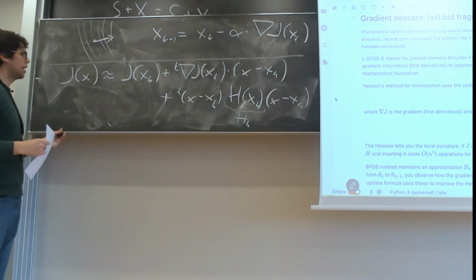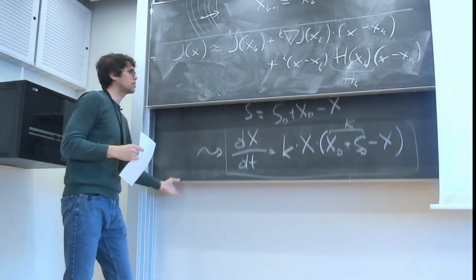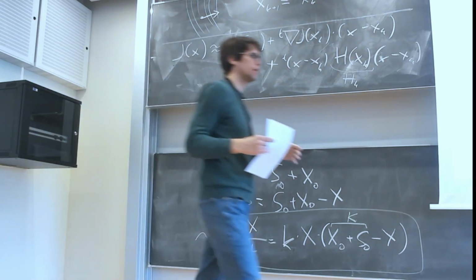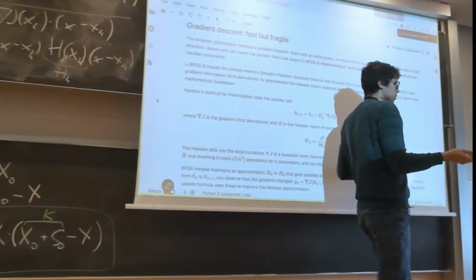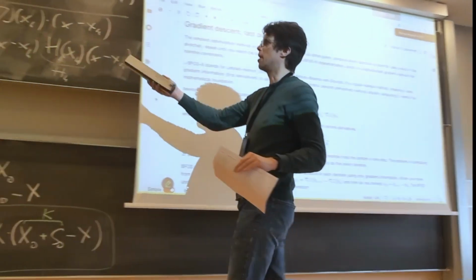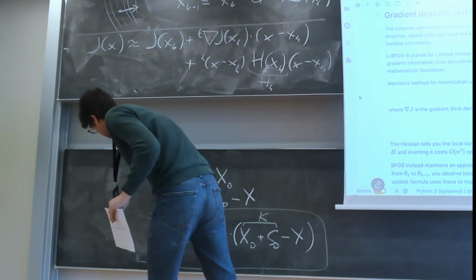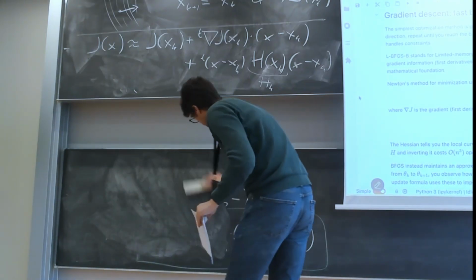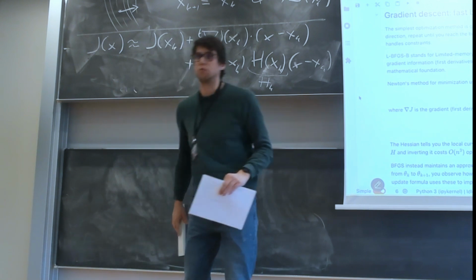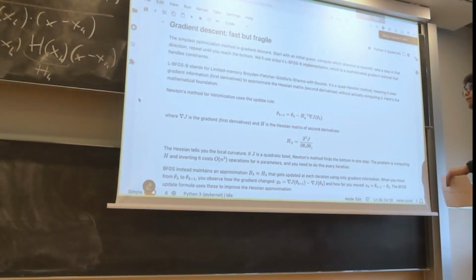Okay, once we have that, the question is how does this approximation help us identify the direction, the next update that we should take to minimize j of x. And this you would just do like you would normally do in real analysis when minimizing a function.